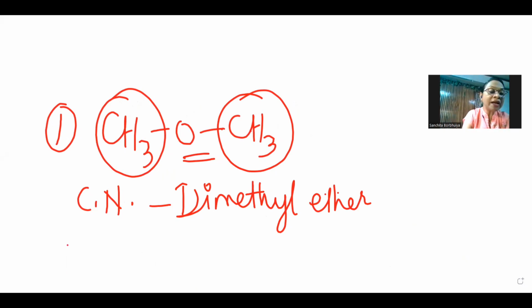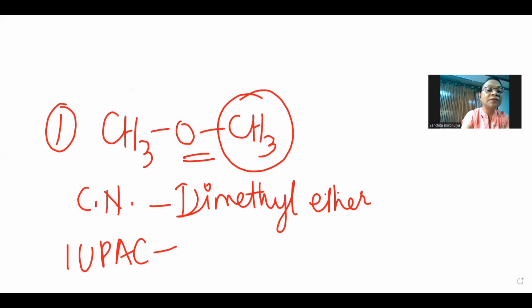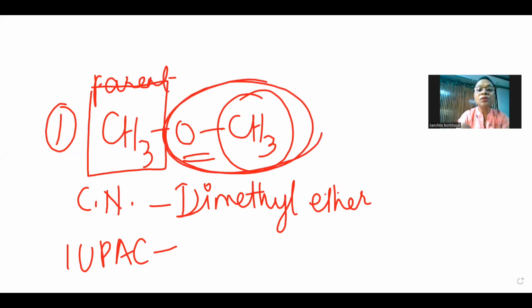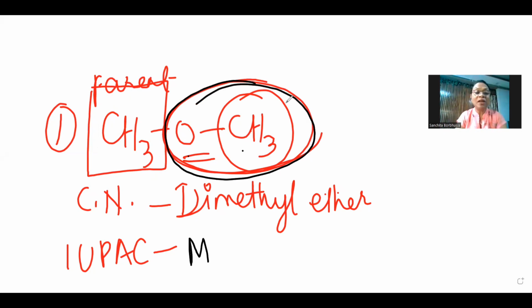Now the IUPAC name of this compound, how is it named? Because this is a symmetrical compound, consider this as the parent for the IUPAC name, and this as a substituent. So this substituent is methyl with an oxygen. So take half of both and join it together.